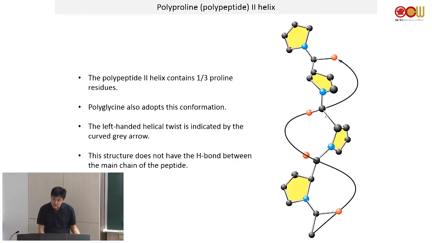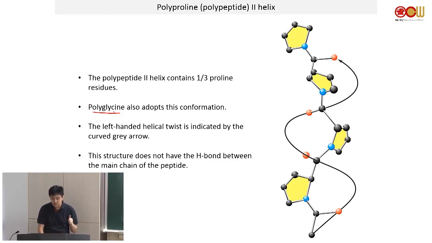And essentially what happens is every time you have a polypeptide 2 helix, it contains approximately 30% proline residues. So when you have a sequence that's rich in prolines, usually you're going to see some polyproline helix, which is where they got the name from, polyproline, okay, because it has a lot of prolines. Okay? Sometimes if you have a lot of glycines, polyglycines can also adopt this particular conformation.